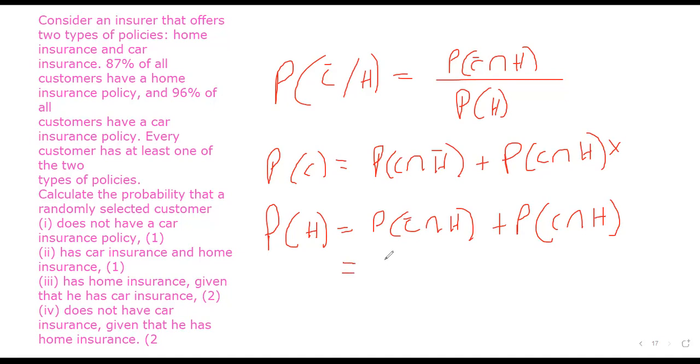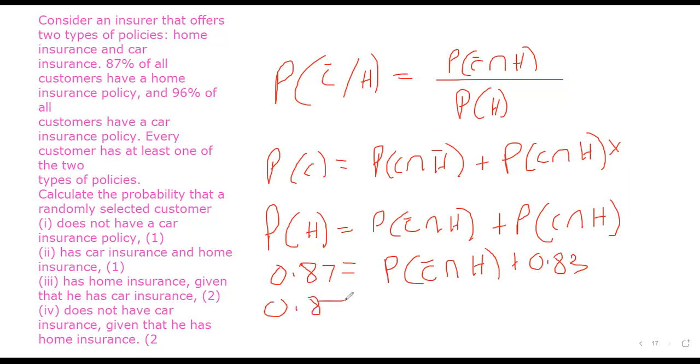We don't have C complement intersection H, that's what we're looking for. But we know the probability of H is 0.87, and the probability of C intersection H we just calculated as 0.83. So 0.87 minus 0.83 gives you 0.04.